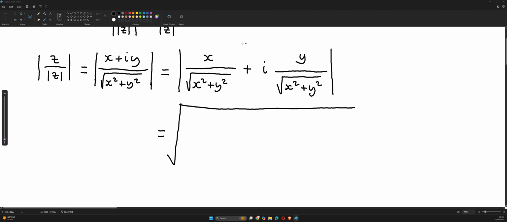Okay, now as you can see inside here we have another complex number, and we need to take the magnitude of this complex number inside here, right?